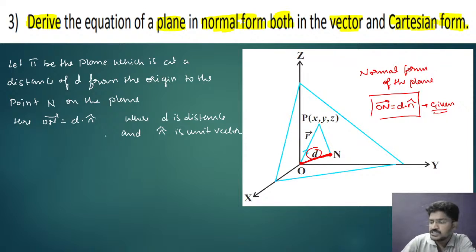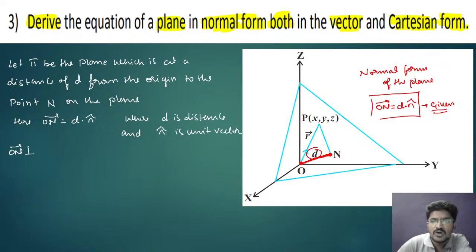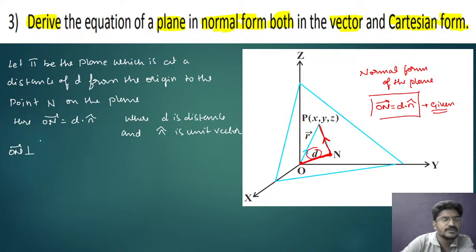Okay, so now from this we can see that vector ON is perpendicular to the plane. That means it is also perpendicular to vector NP. This is the vector NP.